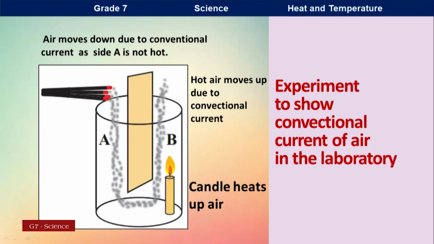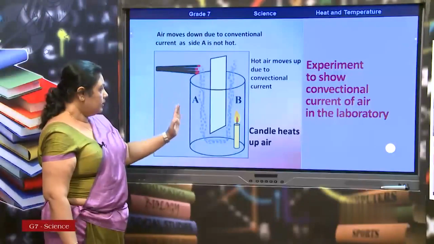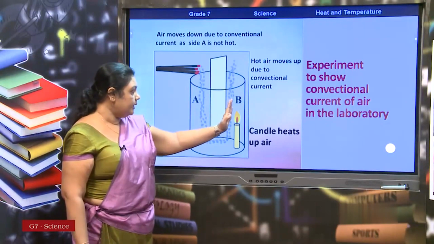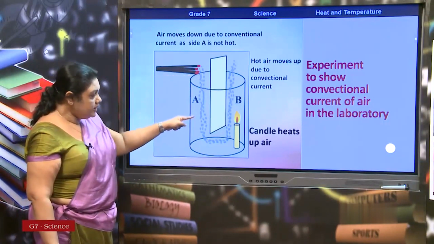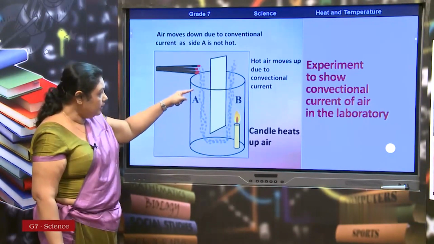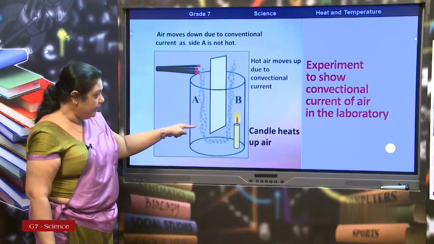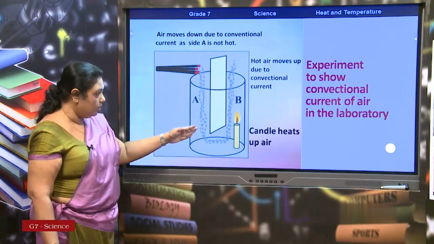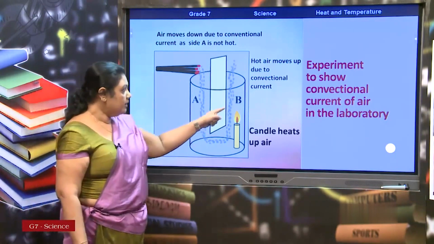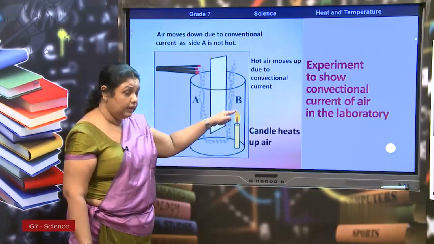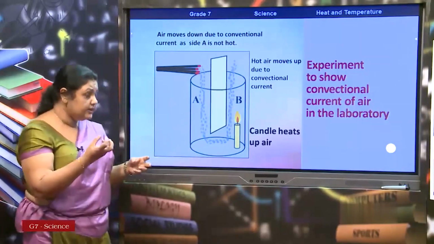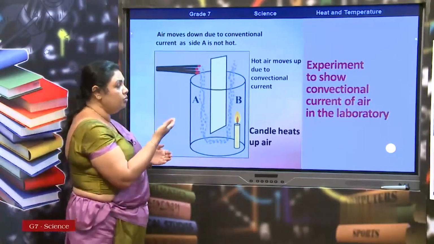So, you know this candle heats up this B side. What happens now? This side is cool, this side is hot. Now, on the cooler side, the particles are denser and move down. At the same time, on this side, the gas in the beaker is getting heated up, and it moves up.